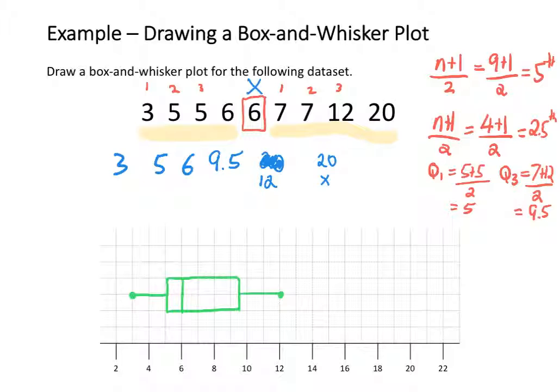Because I've got an outlier, I need to mark that on my box and whisker plot, and I do that by putting a cross at 20. The cross signifies that I've got an outlier that is away from the main data, which is represented by the box and whisker plot.